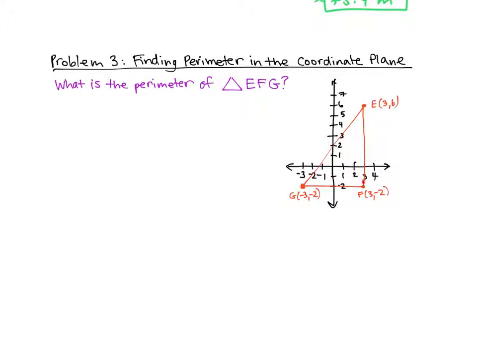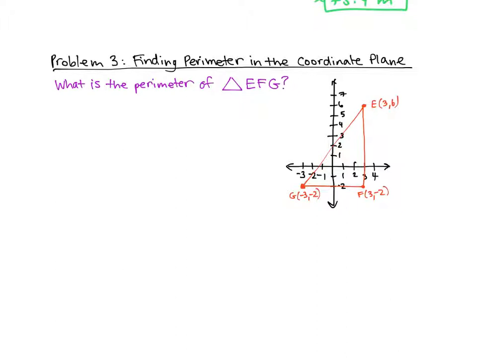This one is basically a number line, because since the x's are the same, it's just the distance between 6 and -2, and then for this one, -2 is the same, so it's the distance between -3 and 3. So let's do that first.